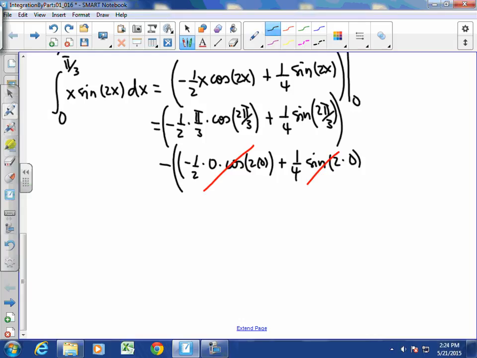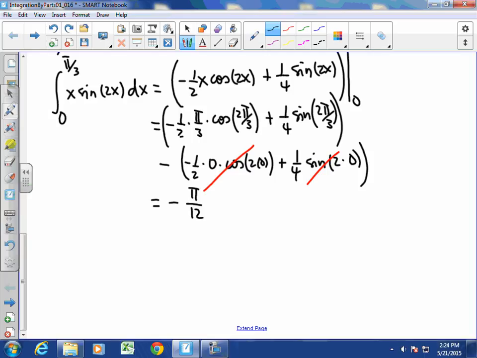Let's see what we had in front. We had this. It means that cosine of 2 pi over 3 is negative 1/2. So we have negative pi over 12 from the first term there.